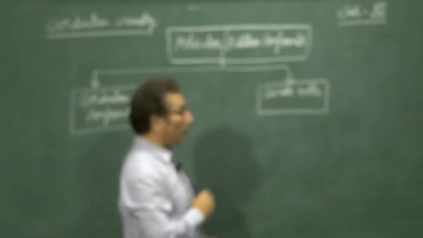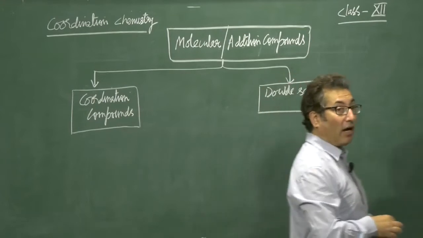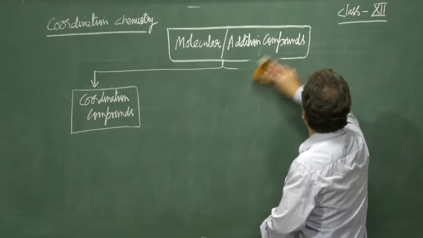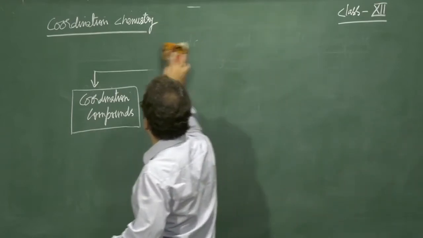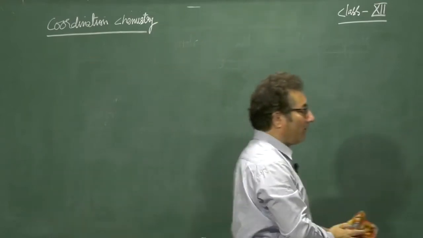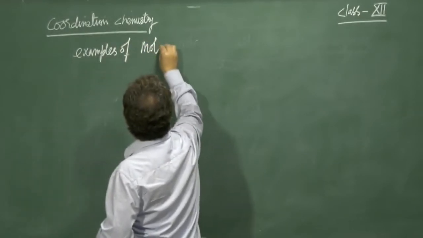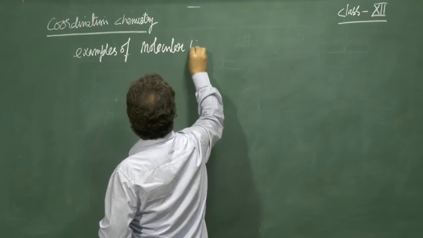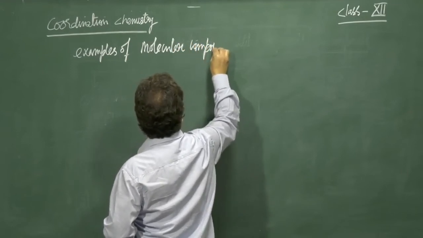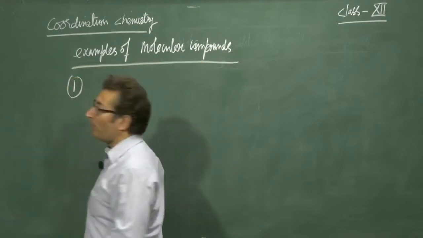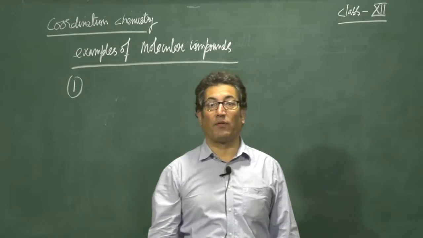So first I will introduce the term molecular compounds and how these are formed, and then you can easily say which of the addition compounds are coordination compounds and which are double salts. Here I'll give examples of molecular compounds, and you will also learn from those examples how they are formed.